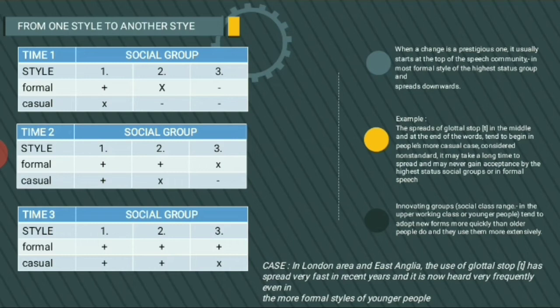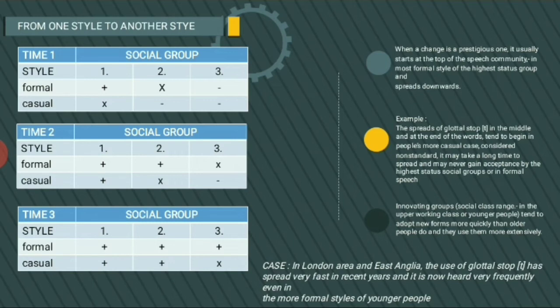And then as time changes, group 1 influenced group 2 with the formal use, and then group 2 also influenced the third group, while the third group only used it formally in certain situations.